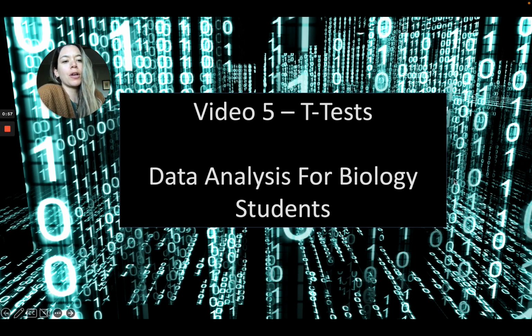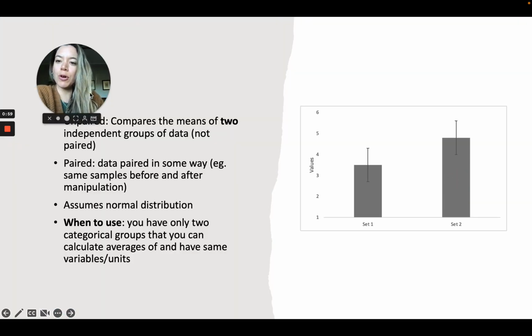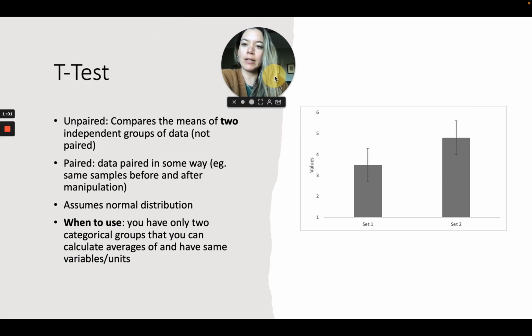Okay, so first off, let's explore a little bit about what t-tests are and how to know when to use one. So the t-test is a commonly used statistical inference that scientists may use when they're comparing data that has an independent variable which is categorical.